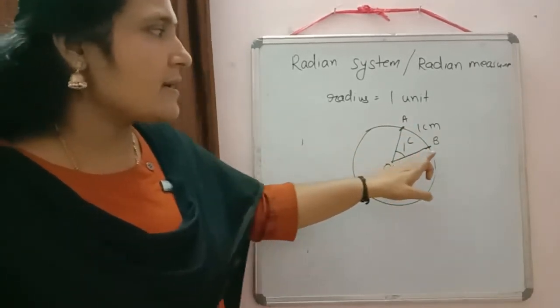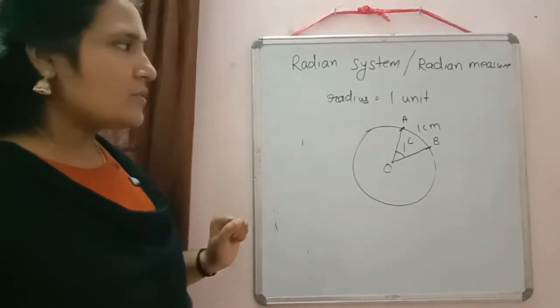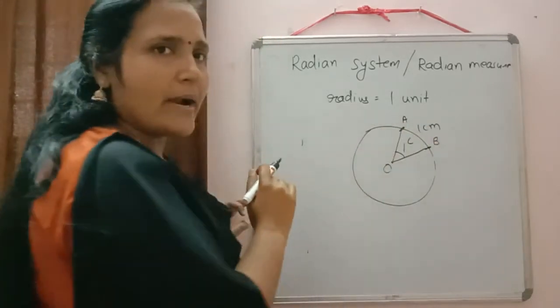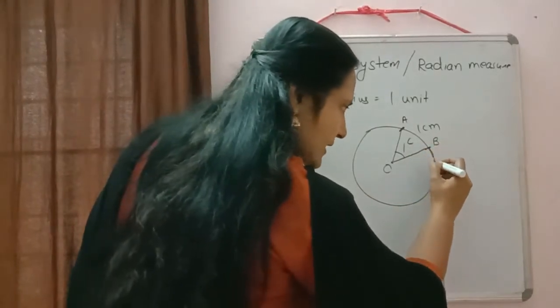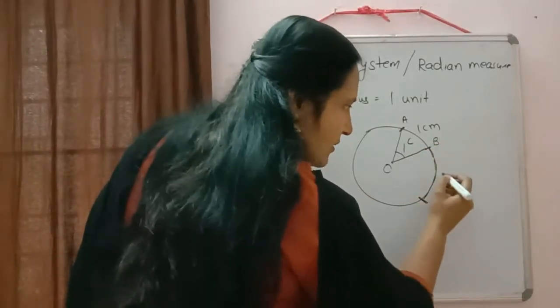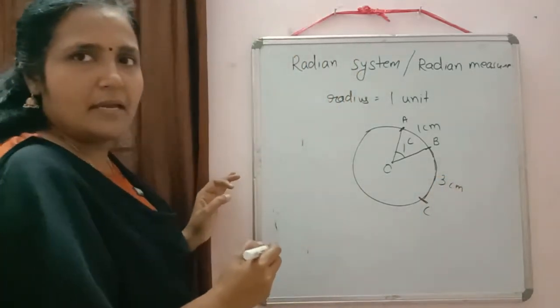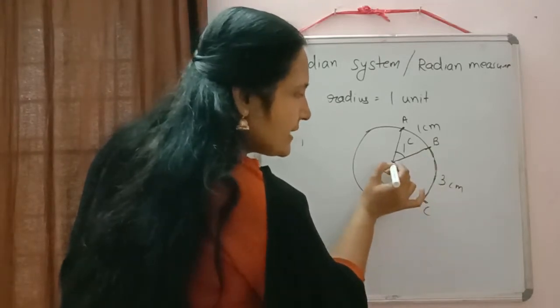In a unit circle means its radius is also equal to 1. So I have taken the length of the arc AB as 1 centimeter. Now suppose I am taking another arc whose length is 3 centimeter. BC is equal to 3 centimeter. Then the angle made by these 2 arcs at the center.